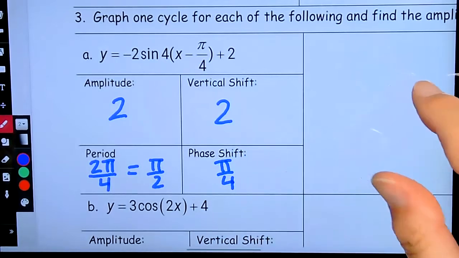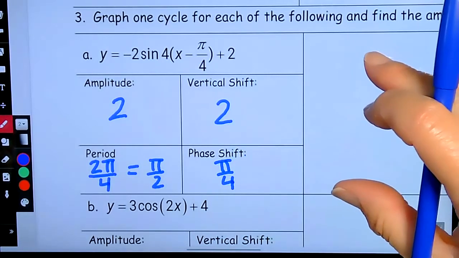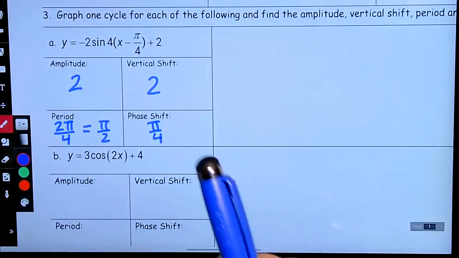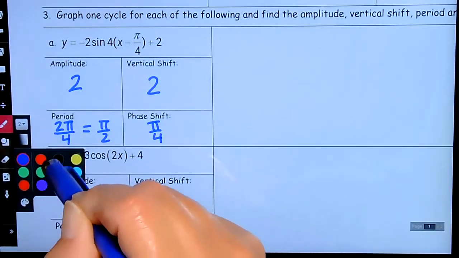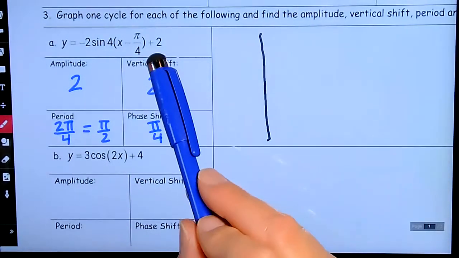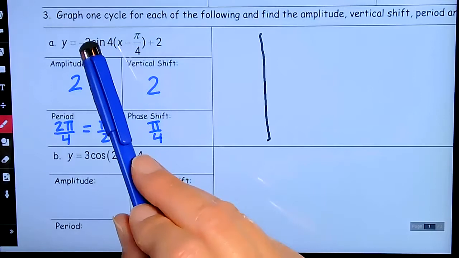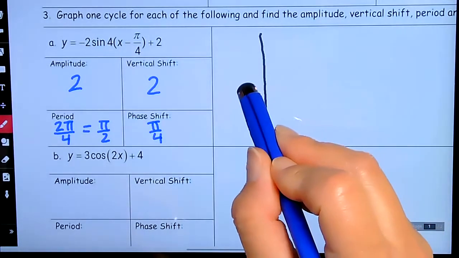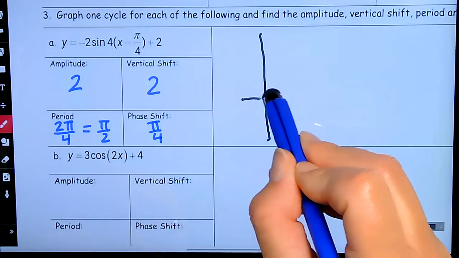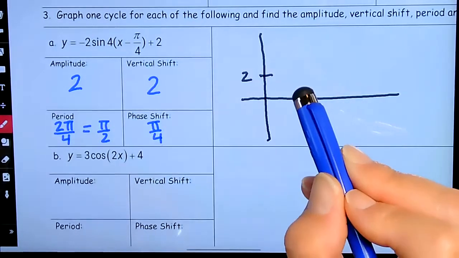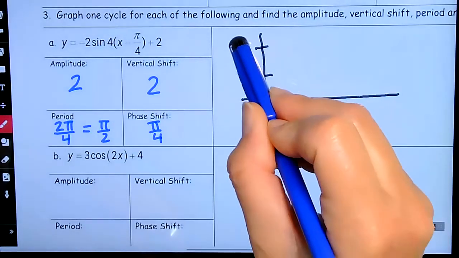So let me get my graph sketched out here. Okay, so I am going to draw my y-axis. I need to pay attention. I'm going to be starting at 2, and I'm going to go 2 above and 2 below. I'll go about here. That's my center. I'm going to go 2 above that, which is 4.